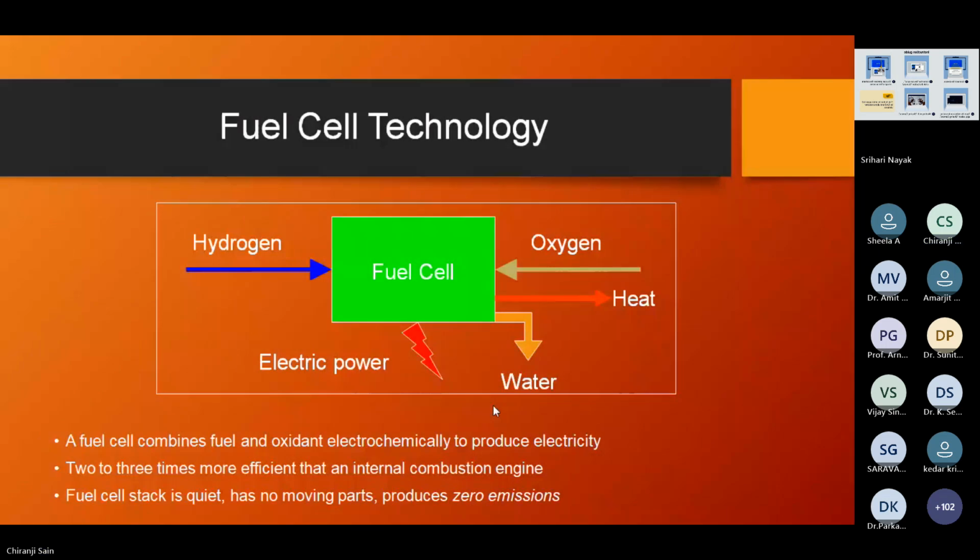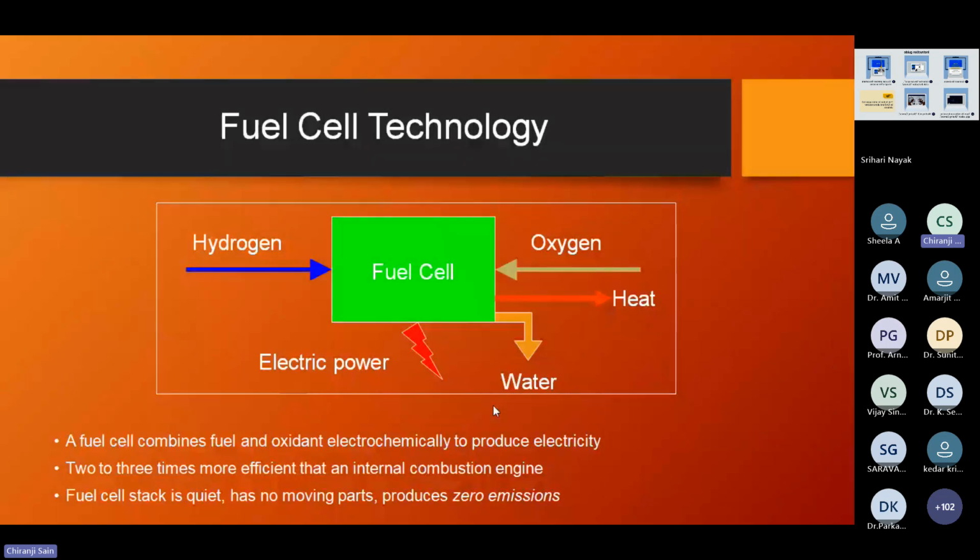At the anode, hydrogen molecules are split into electrons and protons by the catalyst. So you could see the negative particles cannot pass through the membrane, and the positive particles can easily pass through the membrane. In this context, the electrons are forced through a circuit and generate electricity and heat.